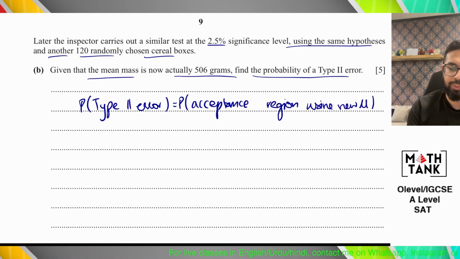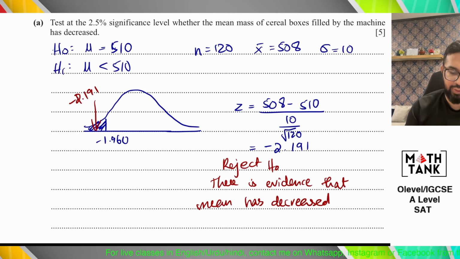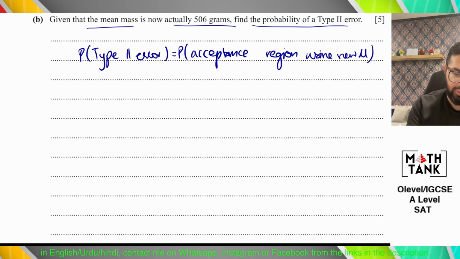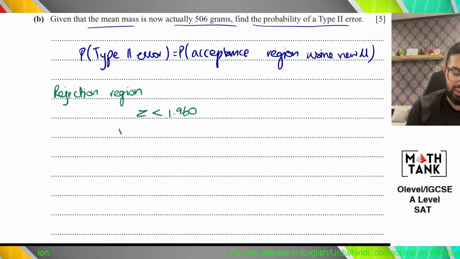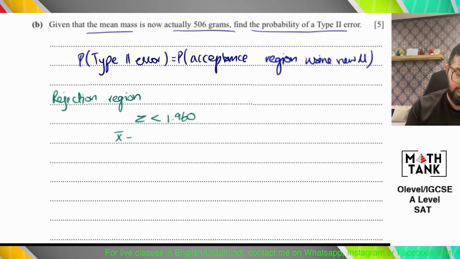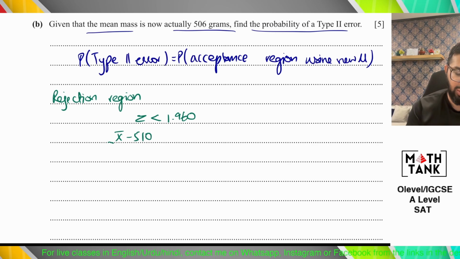Now the problem with the previous part is that I don't have the rejection region. I will have to convert it into a rejection region. For the rejection region, I'm going to say that H naught is rejected when Z is less than minus 1.960. What is Z? It's X bar minus mu, mu was 510, over 10 over root of 120.